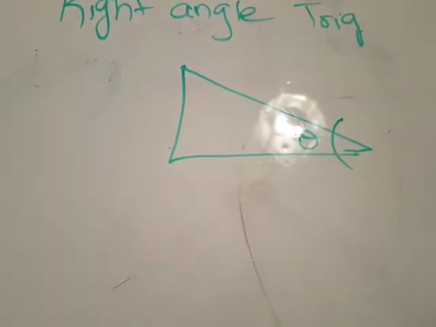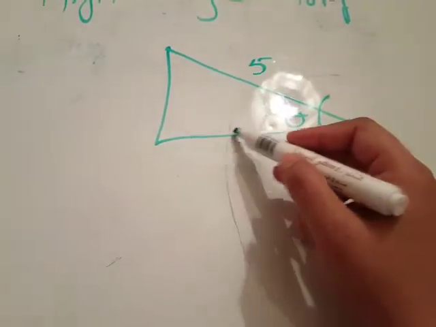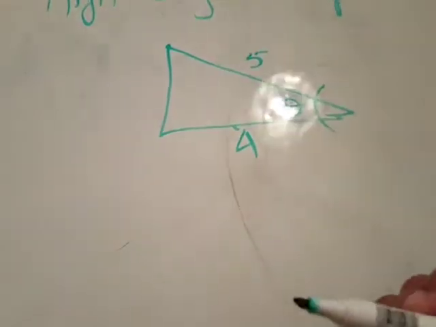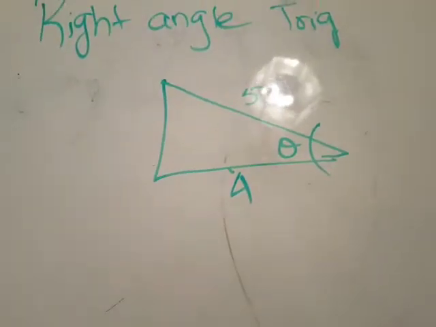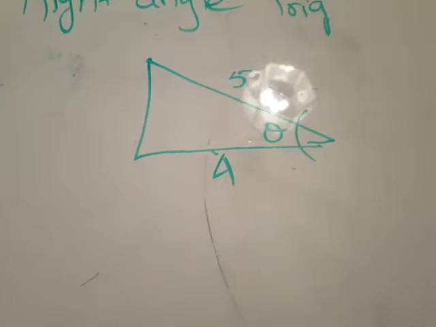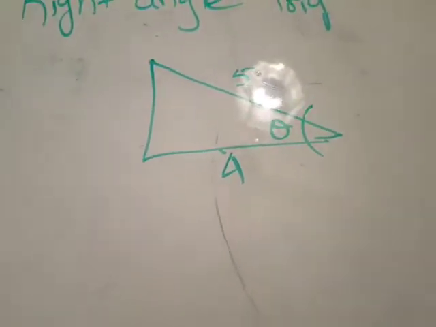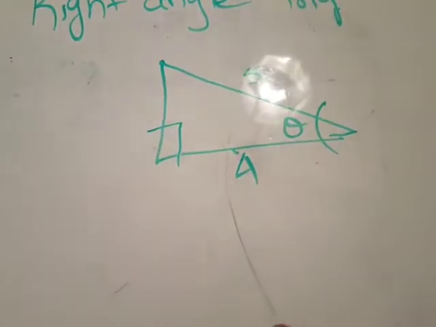This side is, let's say, 5, and this is 4. So you will use the Pythagoras theorem first, and then you will use your properties of angles, like sine theta, cos theta, and tan theta, in order to get this unknown angle. This is the right angle.